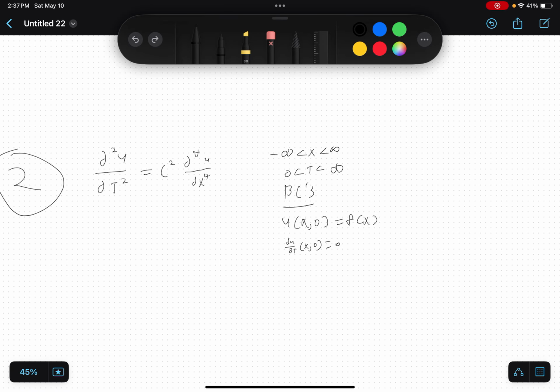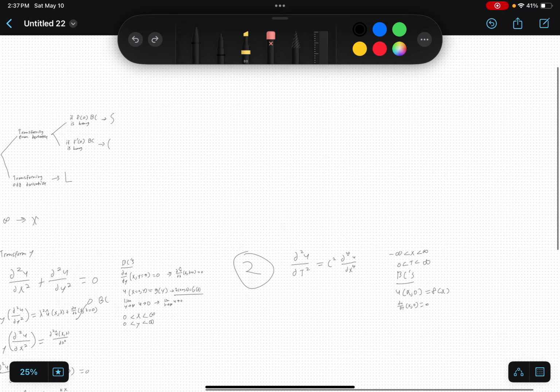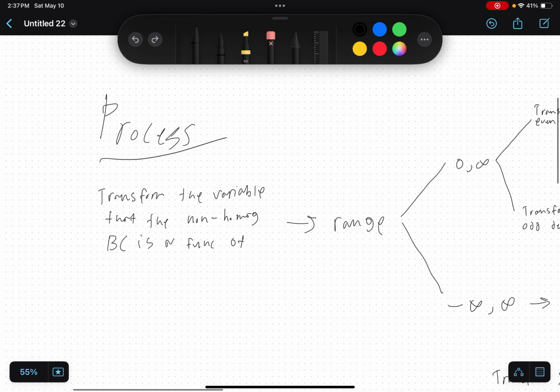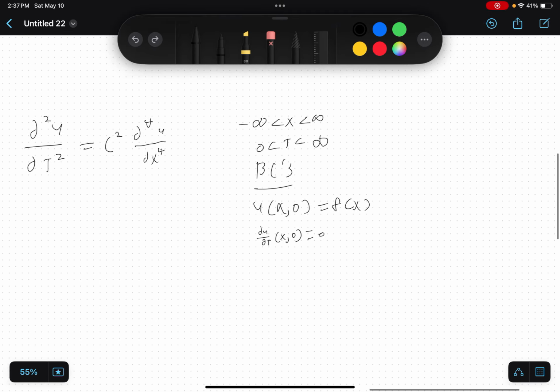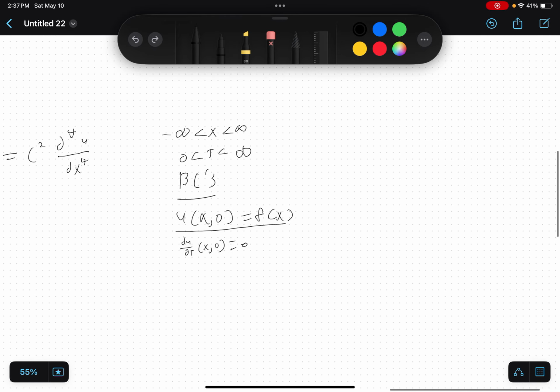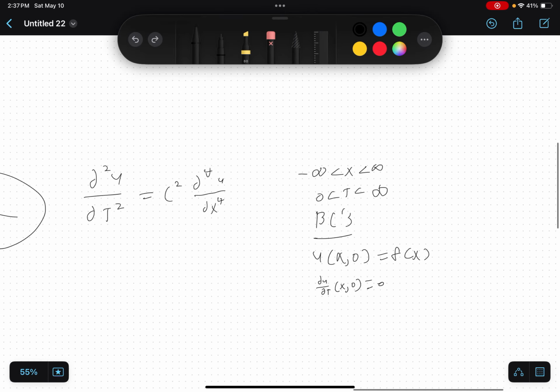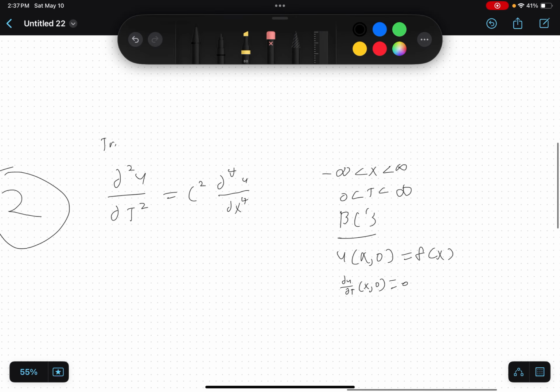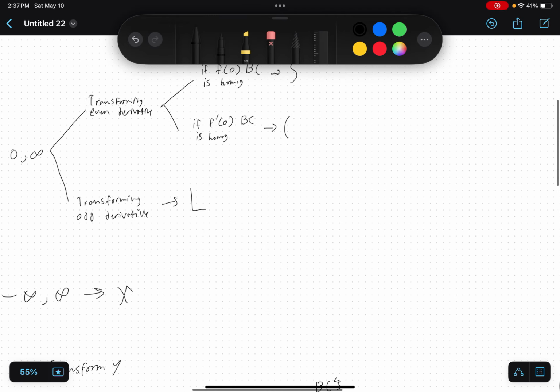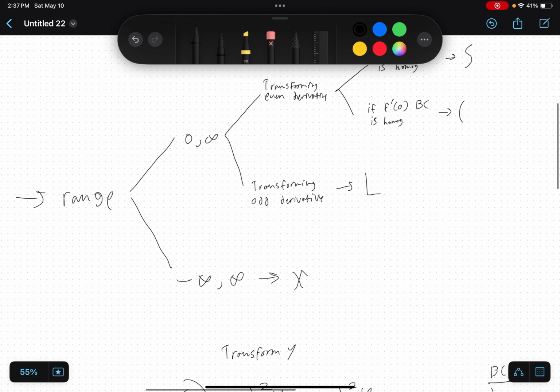Okay, so which variable are we going to transform? Well, what does our thing say? Transform the variable that the non-homogeneous boundary condition is a function of. Non-homogeneous boundary condition is a function of x, so we're going to transform x. Cool. Step 2. Range.